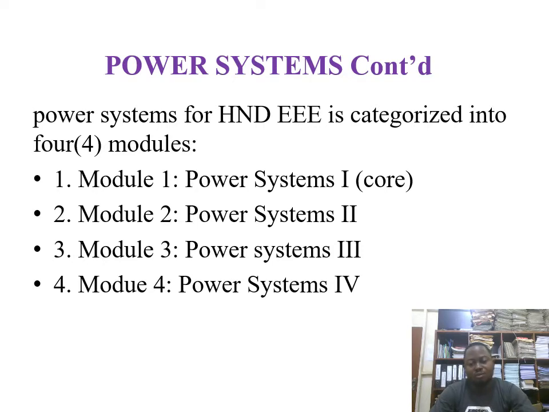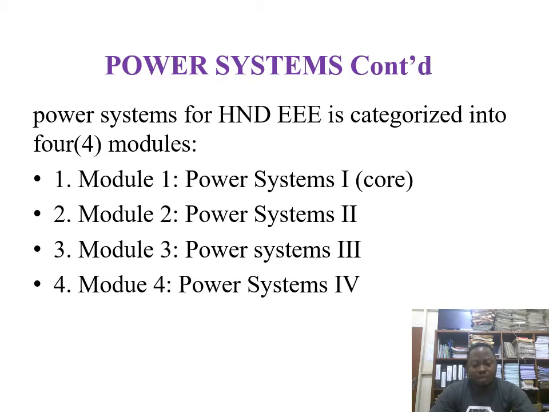Then when you get to the second semester, there will be four options available: power system engineering, telecom engineering, biomedical engineering, and computer engineering. If you want to major in power systems, then you choose power system engineering, and the course that will be available in second year, second semester as a power system option is Power System 2.